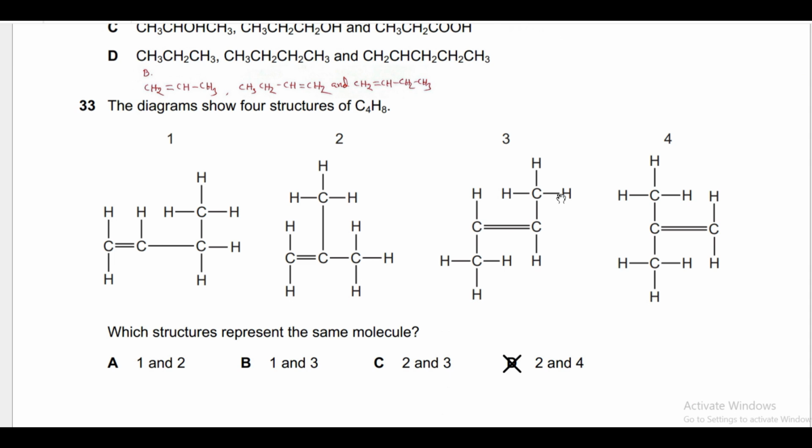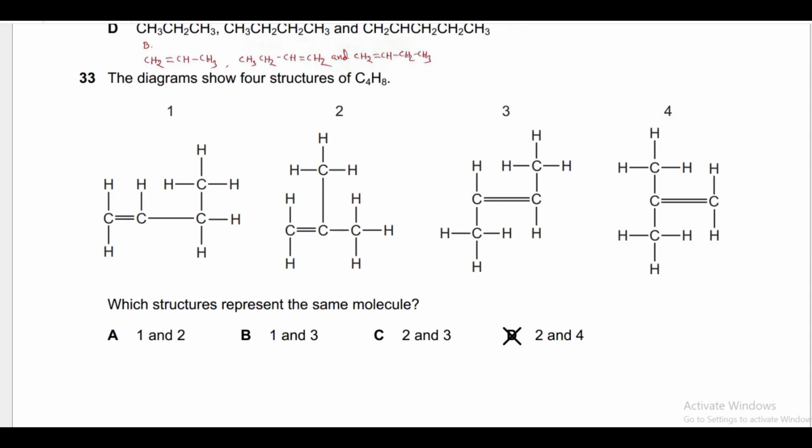Now 33. The diagram shows 4 substances, C4H8 meaning butene. Whose structures represent the same molecule? Structures 2 and 4 are both 2-methylpropene.